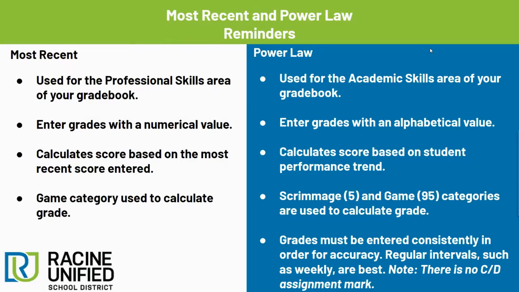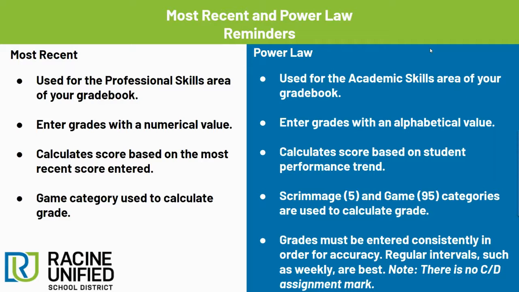Finally, these are some of the key points to remember between most recent and power law. With most recent, it's in the professional skills area of your gradebook. It's only going to be a number, so 1, 2, 3, or 4. It calculates based on the most recent score entered, and again, you have to use that game category. Whereas with power law, it's going to be found in the academic skills area of your gradebook.